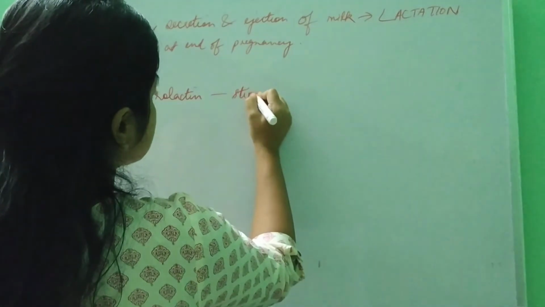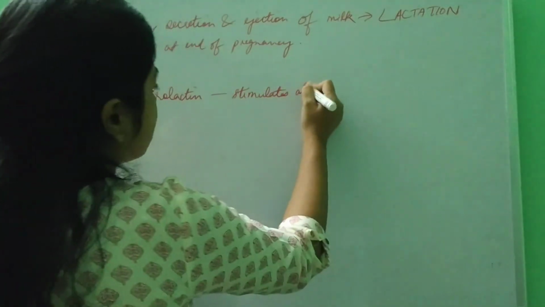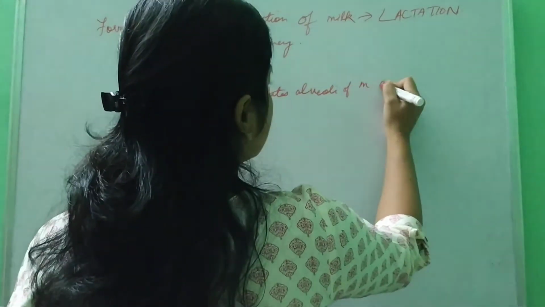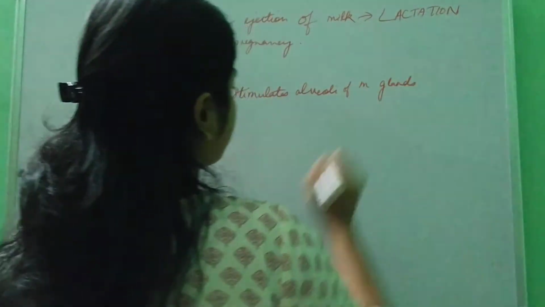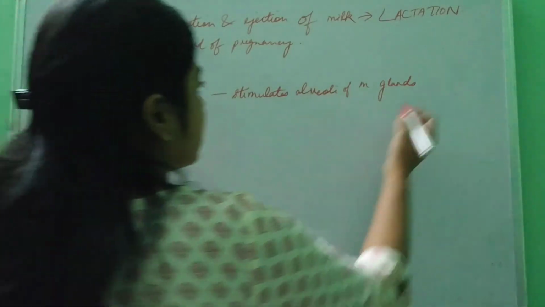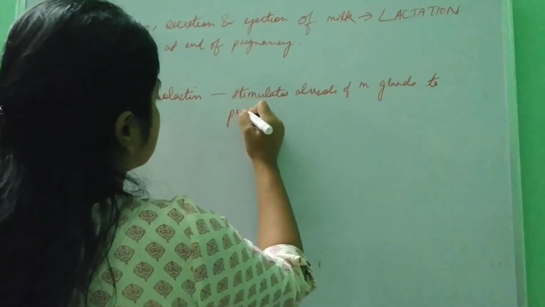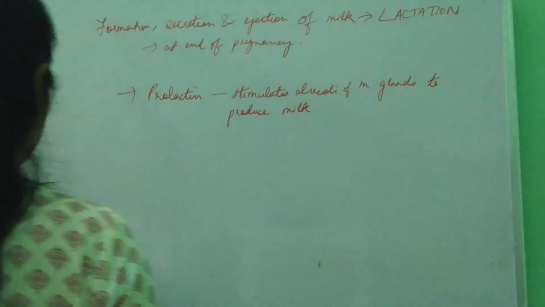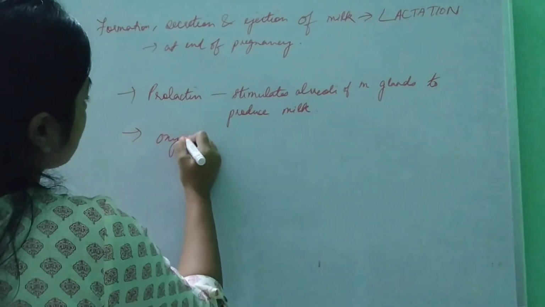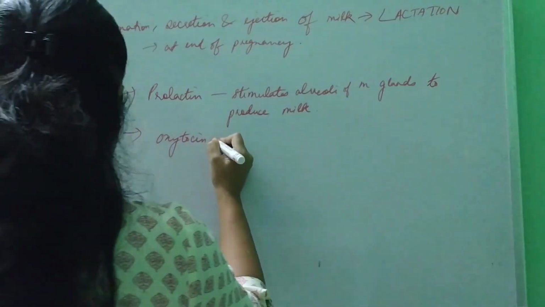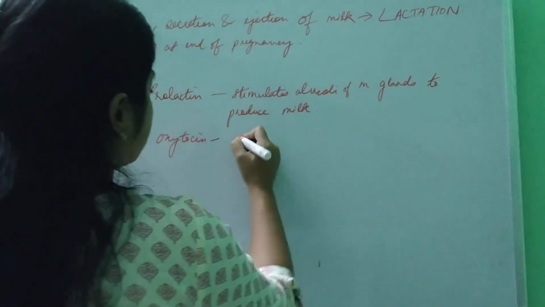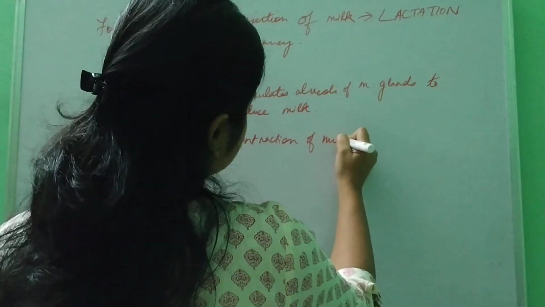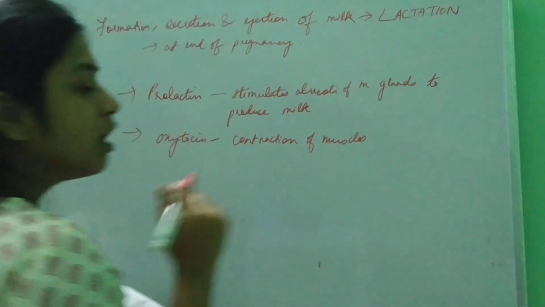It will stimulate alveoli of the mammary glands or of the breast, stimulates the alveoli of the mammary glands to produce milk. Okay. Another hormone is oxytocin. Oxytocin will help in contraction of the muscles around the mammary gland.